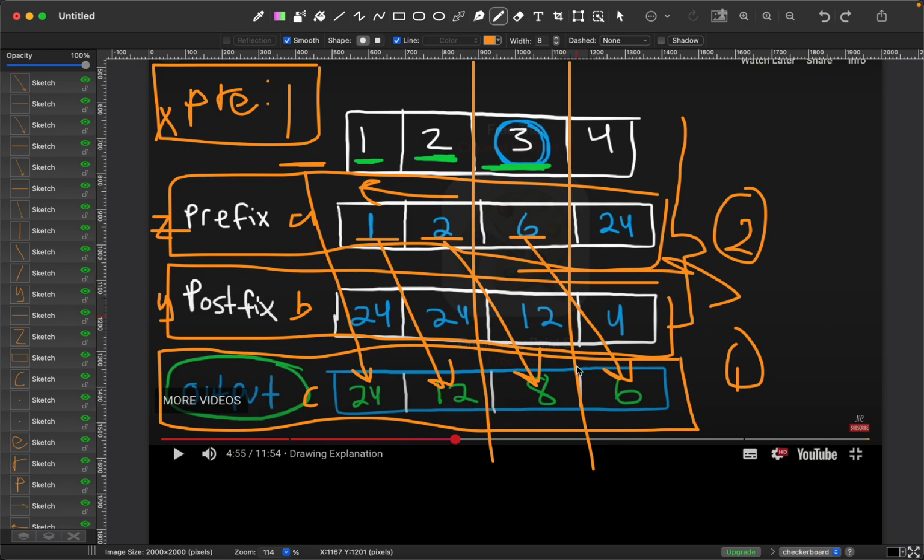When you have these 2 barriers out, remember that we use the prefix value from outside the barrier, which outside the left barrier of 3 is this 2, and outside the right barrier will be the postfix from here onwards, which is this 4.